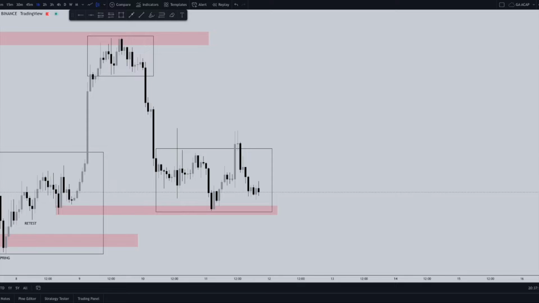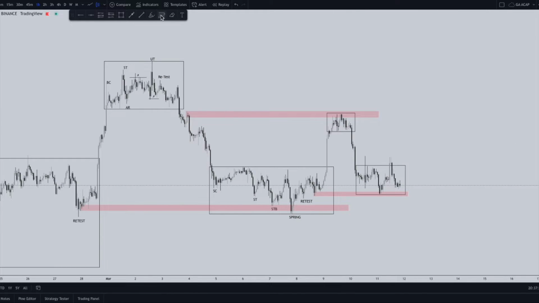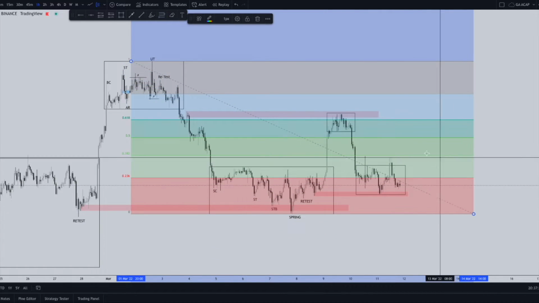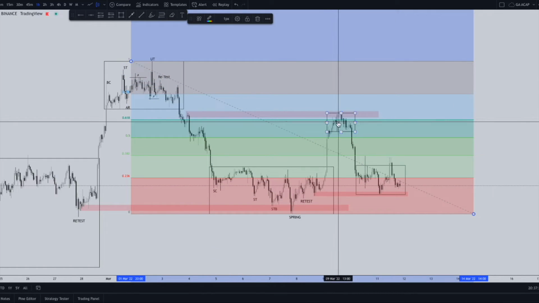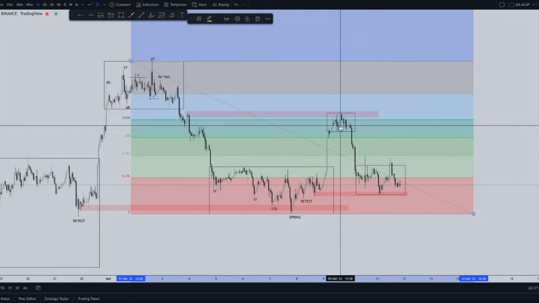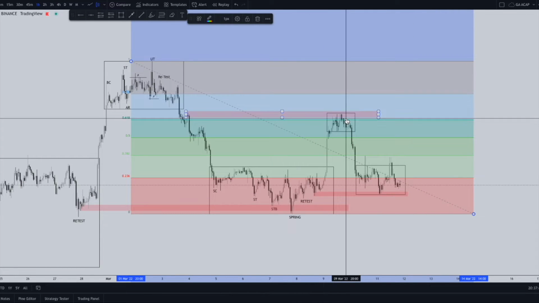But in my opinion, I feel like we could possibly have another bearish leg, as price did respect the 0.618 region when it comes to Bitcoin. You can see that price did respect this area, and it looks like we could have another leg towards the downside.